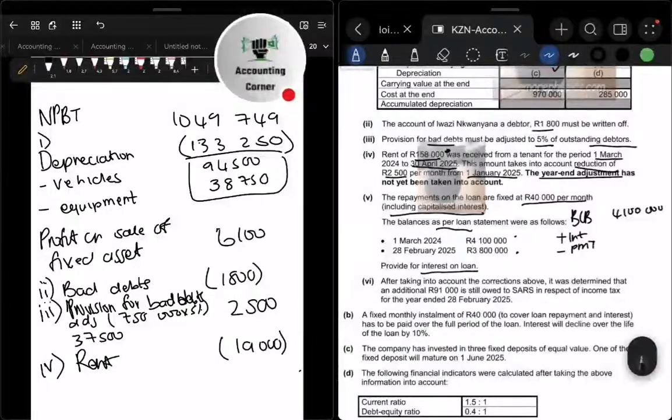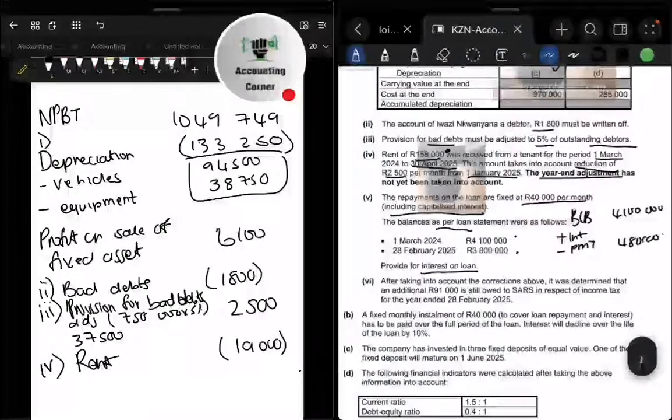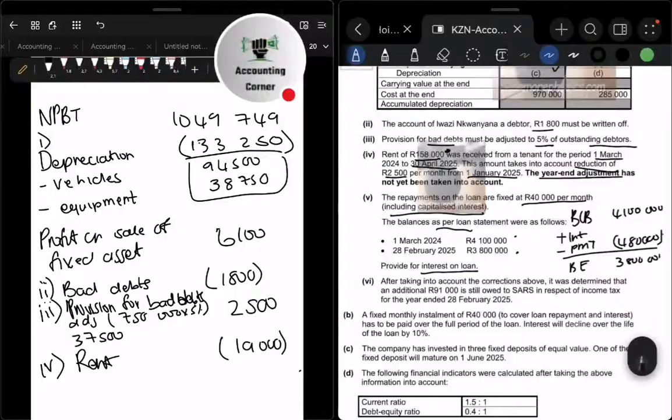We were told it was 40,000 per month, so we just multiply that by 12. 40,000 times 12 gives us total payments of 480,000. And then minus that, and that'll give you your balance at the end, which is the 3,800,000. Now, we are missing something that's part of the calculation, so we need to go backwards.